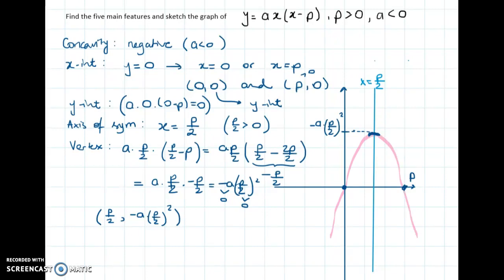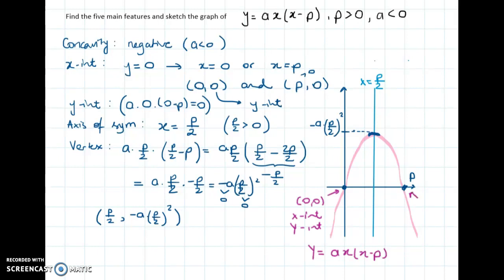Okay, so I'm just going to complete my graph a little bit. I don't need to go down so much. I don't need to go in this direction that much either. And then this is the function y equals a times x times (x minus p). This is the point (0, 0), which is an x-intercept, and it's also the y-intercept.